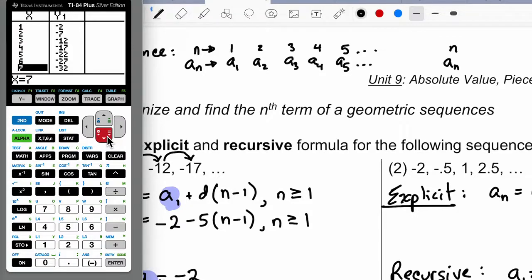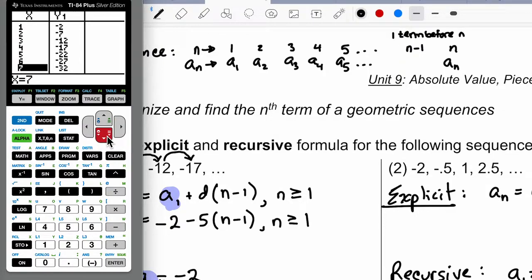What we're saying here when we say a sub n minus 1 is we're saying the term before that. All right, if I say n minus 1, I'm saying that there is a term before the nth term. All right, so this is one term before n.